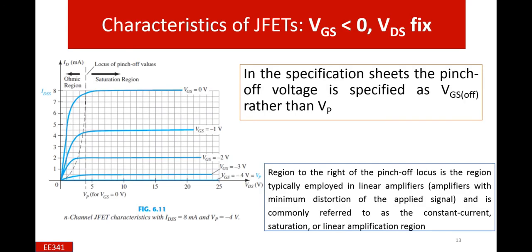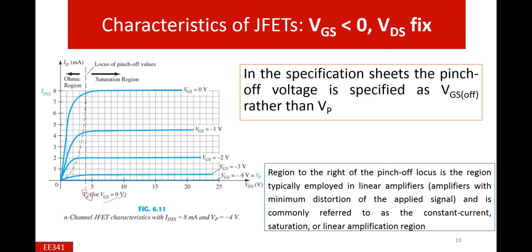This graph shows very important information. It is divided into two important regions: one is the saturation region and the other is the ohmic region. The horizontal axis represents the applied potential, and this is a specific potential, the pinch-off voltage, which is the value when VGS is 0, as we discussed in the previous sections.